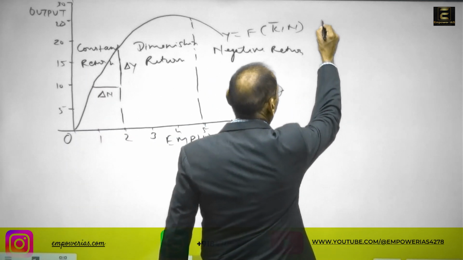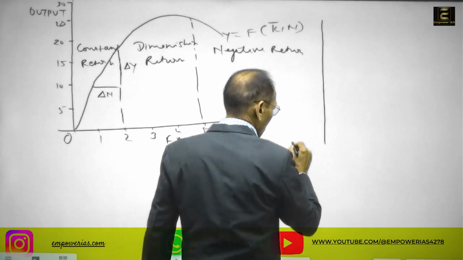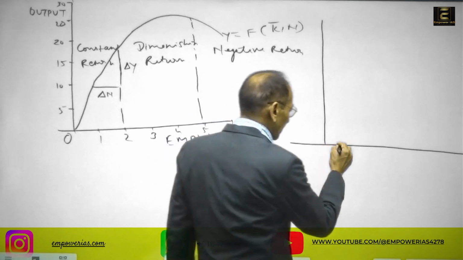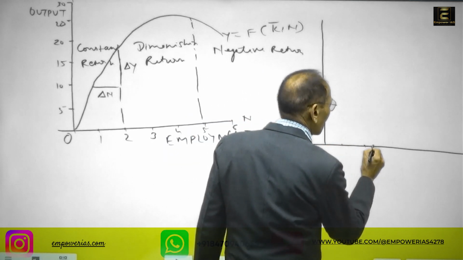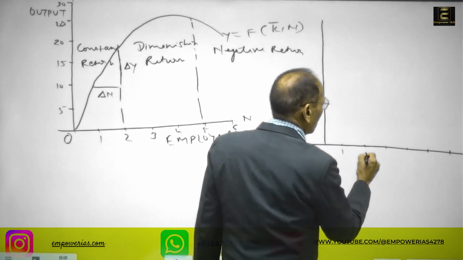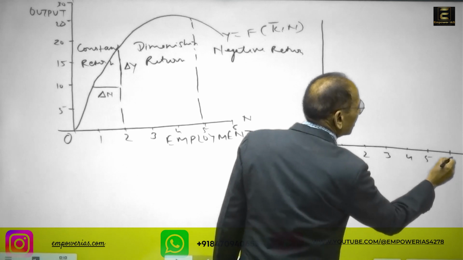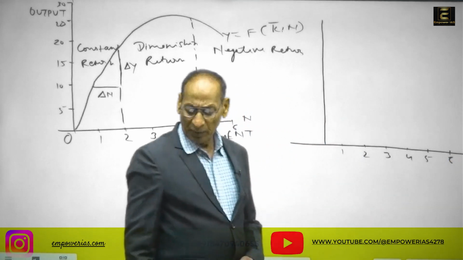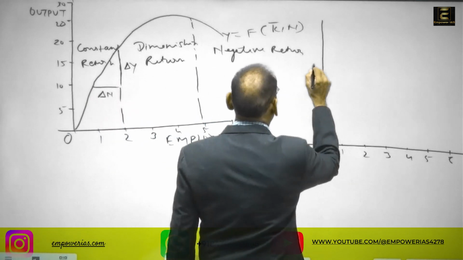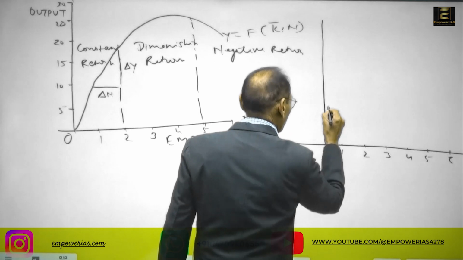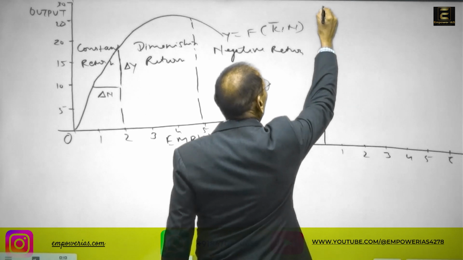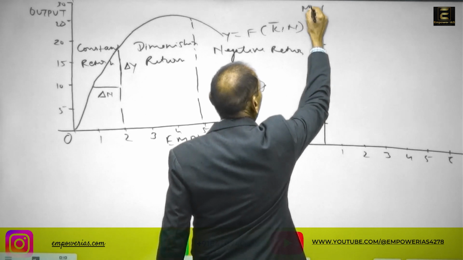Here you can show employment again, and here again we shall see marginal product of labor, MPN.